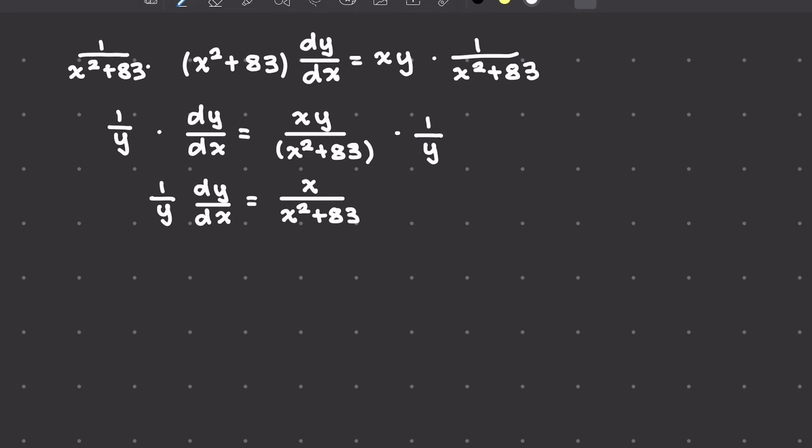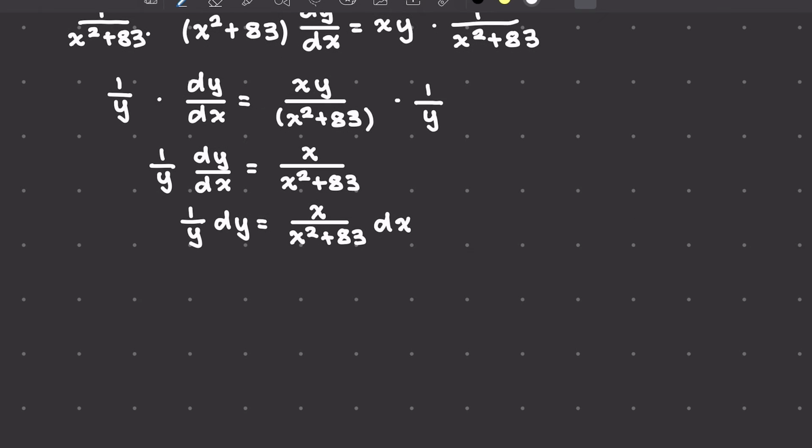And so in here, we can just multiply both sides by dx, which makes the equation 1 over y dy equals x over x squared plus 83 dx. And from here on, we're good to go. We're going to integrate both sides.